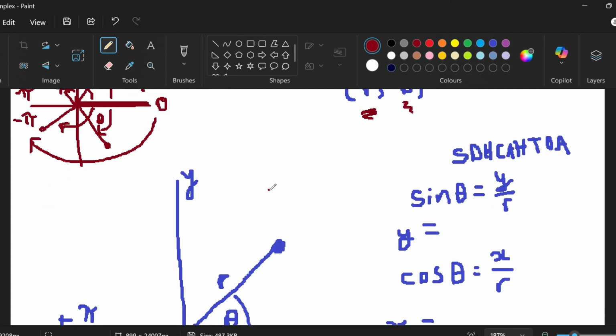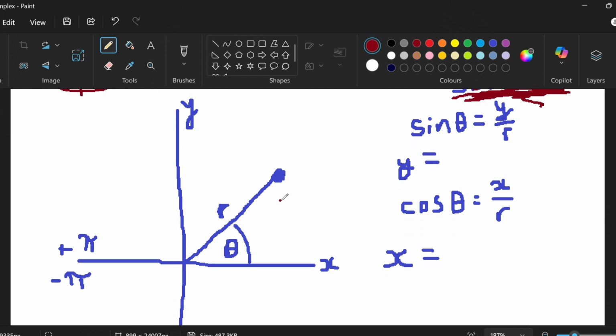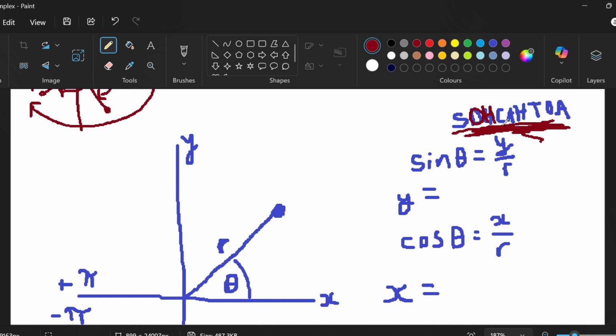Now to get the polar form of a complex number, we have to remember this acronym, which I didn't used to like very much, SOHCAHTOA, which gives us that sine theta is equal to the opposite over the hypotenuse, and cosine theta is equal to adjacent over hypotenuse.